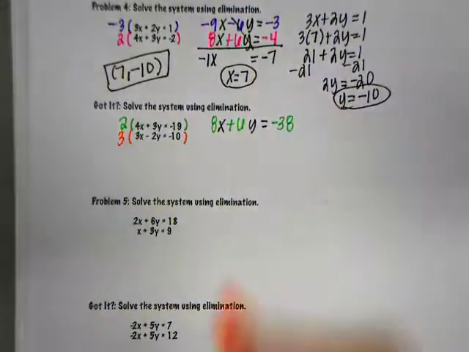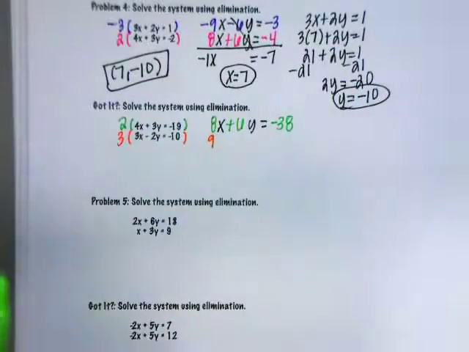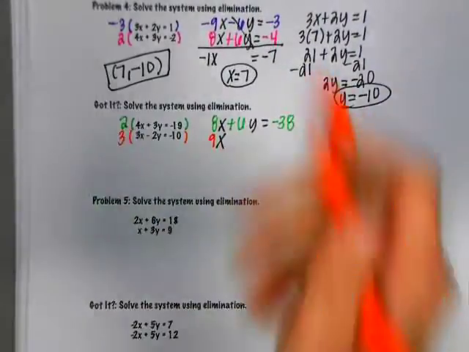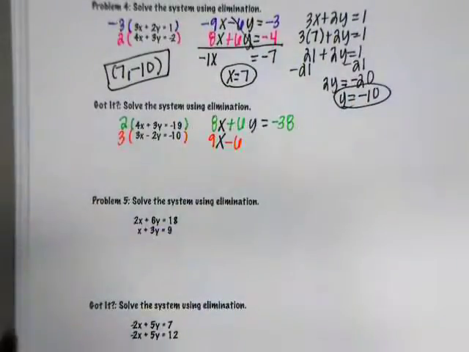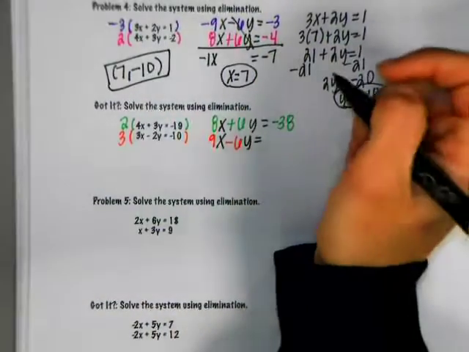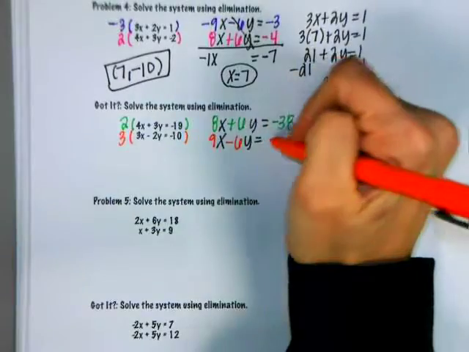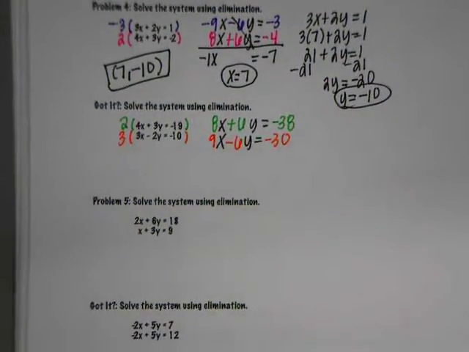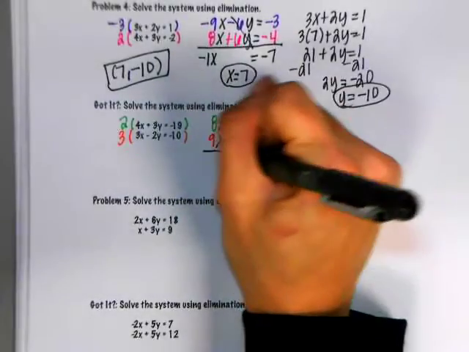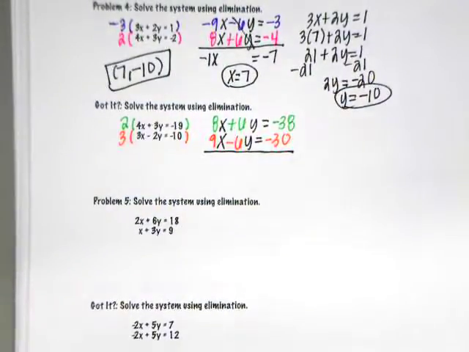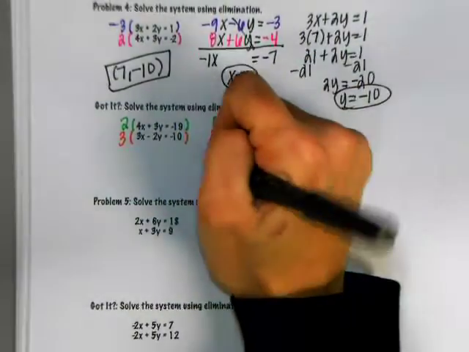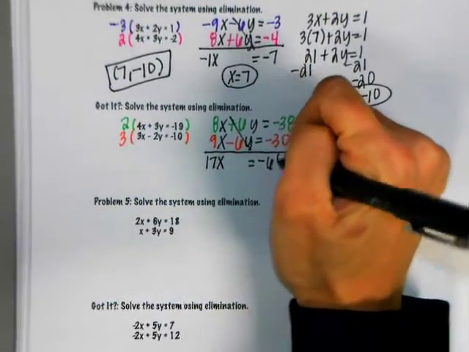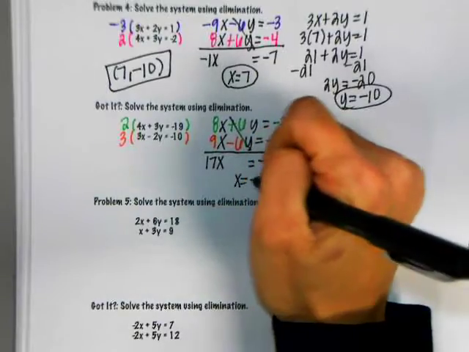And then this one's going to be a 9x, a negative 6y, and then a negative 30. All right, 8x and 9x is 17x. Those cancel, equals negative 68. So you get x equals negative 4.